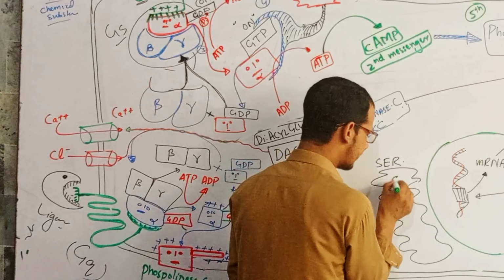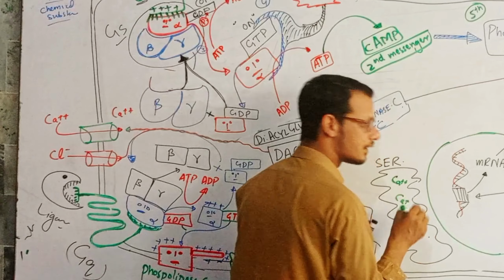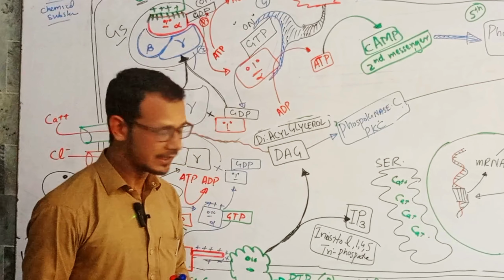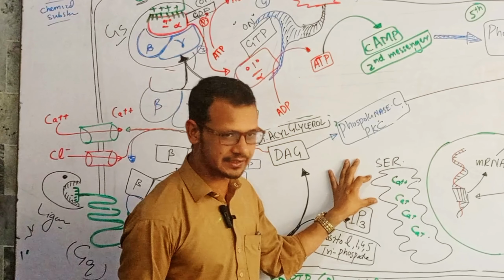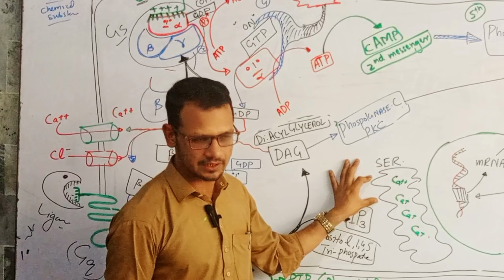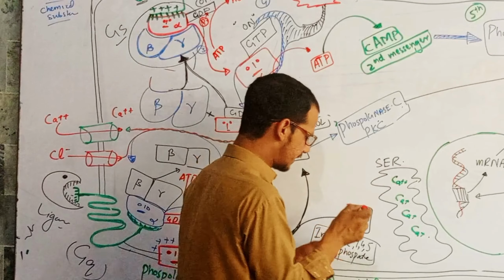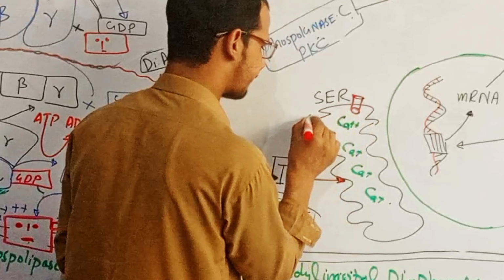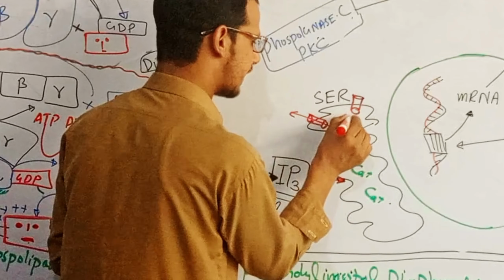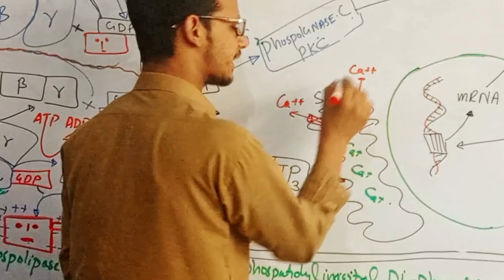So for example, these are the calcium stored in smooth endoplasmic reticulum, and this smooth endoplasmic reticulum has a very special type of channels which are responsible for releasing of calcium. So this IP3 activates these calcium channels, and calcium is released from endoplasmic or sarcoplasmic reticulum.